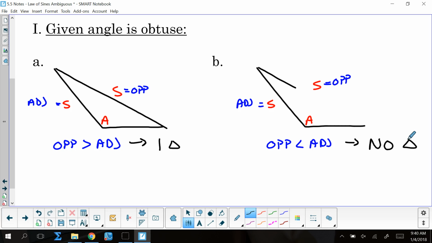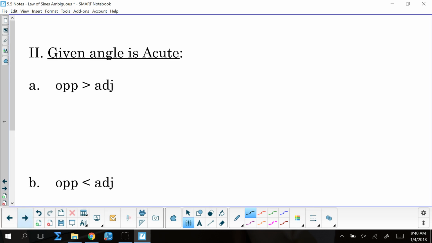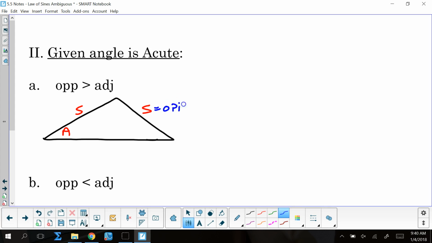If our angle is obtuse. If our angle is acute, okay?